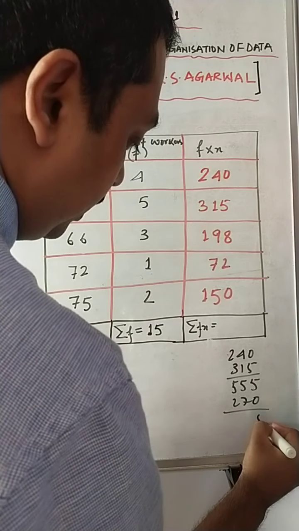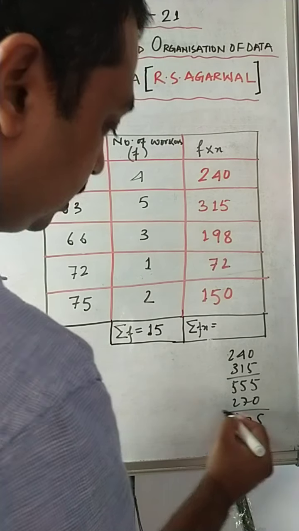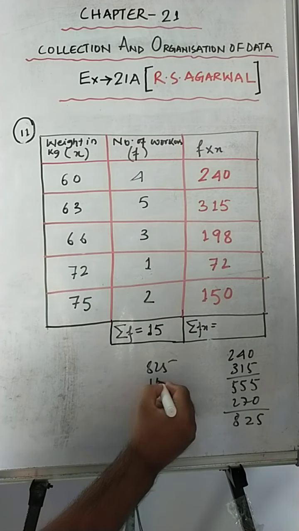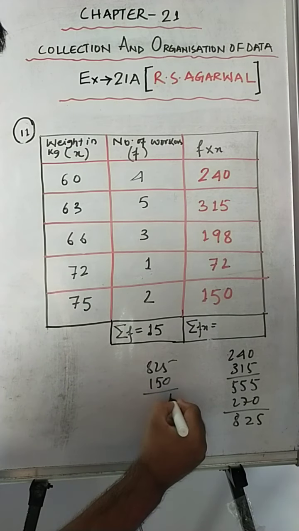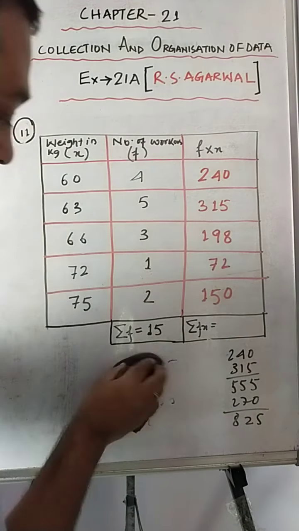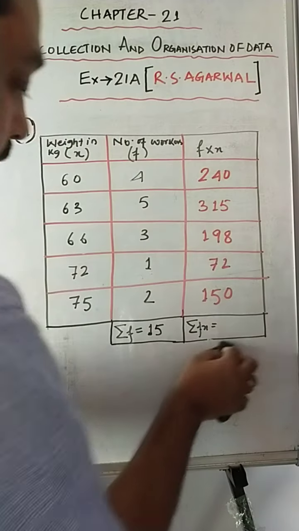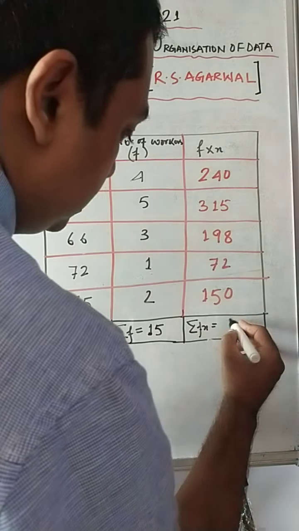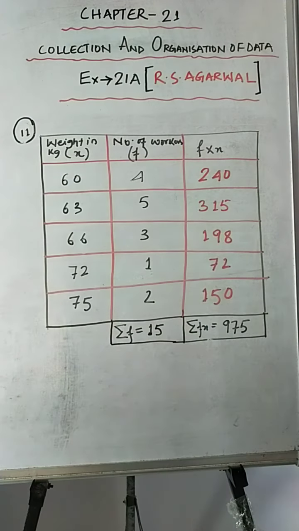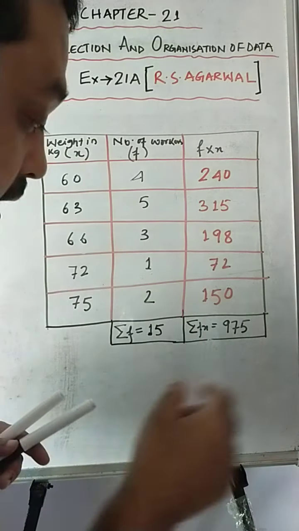So it will be 555 plus 270 is 825, and 825 plus 150 will be 975, students. So the total is 975.